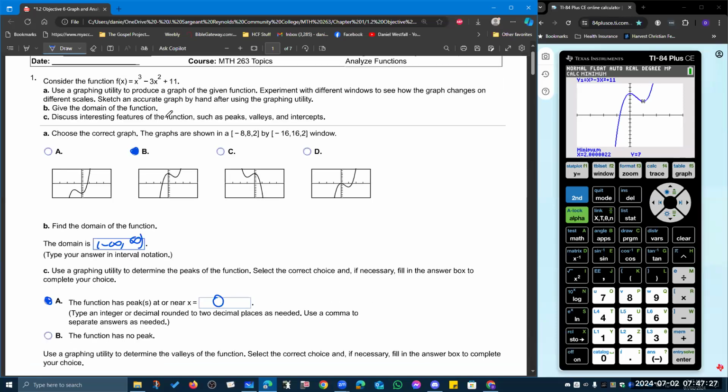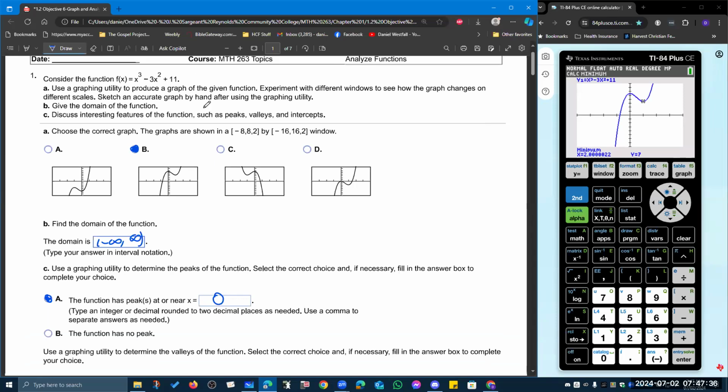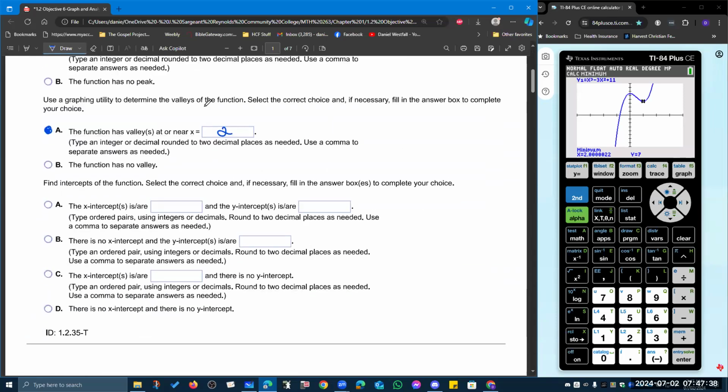We weren't asked about that, but we can find y-intercepts by setting x equal to 0. X-intercepts by setting the function equal to 0. That's our next question here. And we're going to have to approximate them using the calculator.